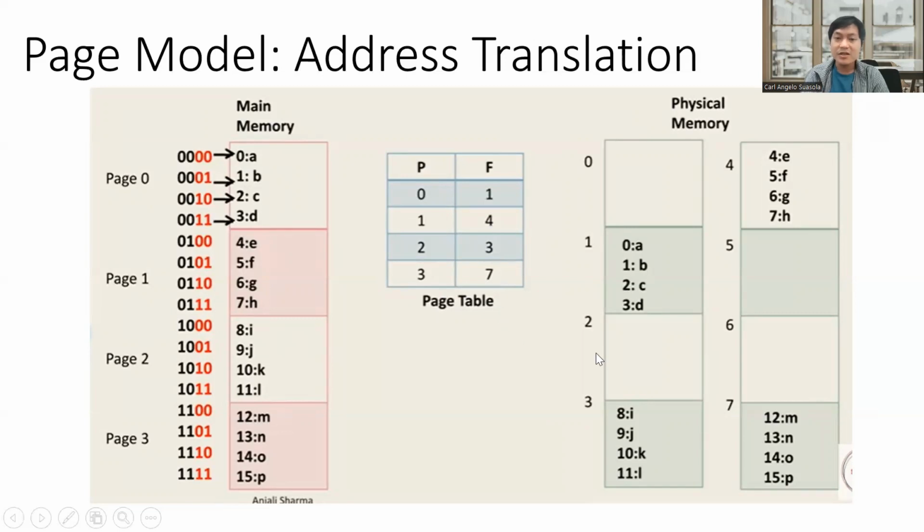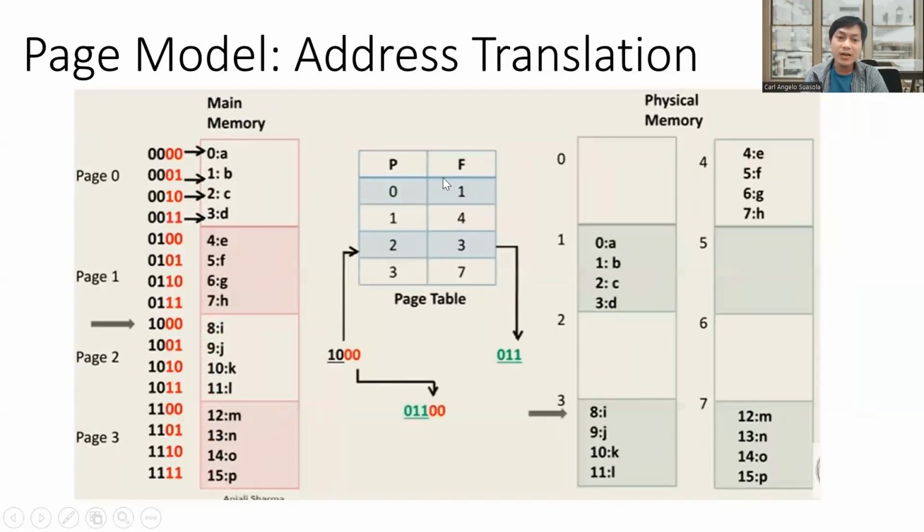So first, the page table, and also what it will do, for example, if we will go to page 2, like page 2 with instruction 8i. So we put here 1000. The black 2 bits would indicate page 2.